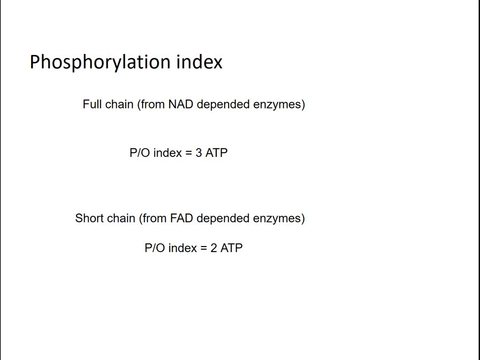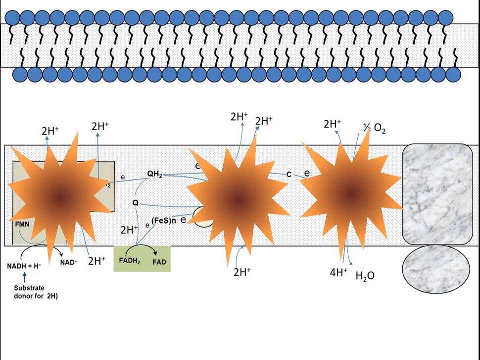Phosphorylation index is the amount of phosphoric acid residues that were spent on ATP formation per 1 absorbed oxygen atom. For the full chain, it equals about 3. For the short chain, it equals about 2.